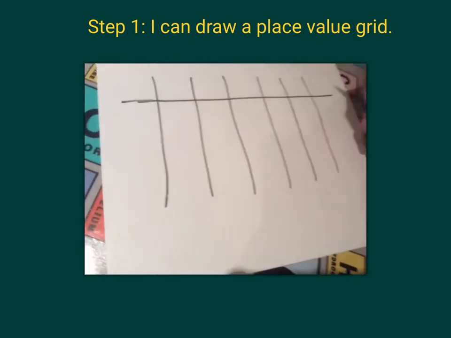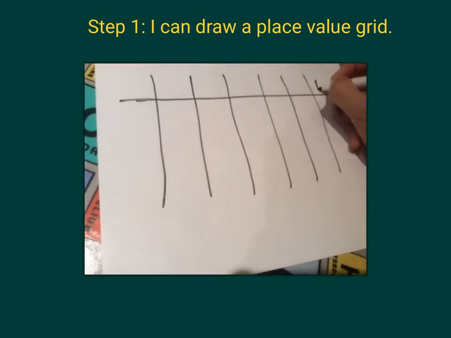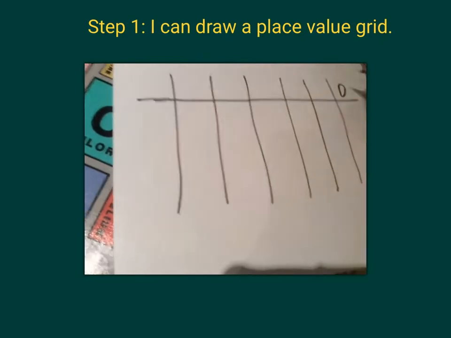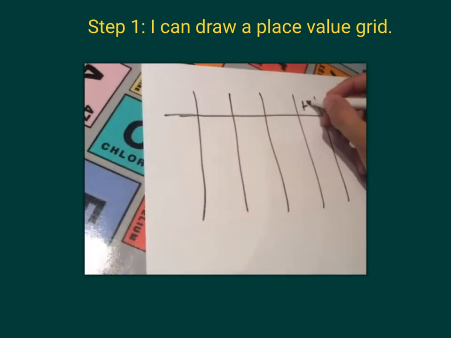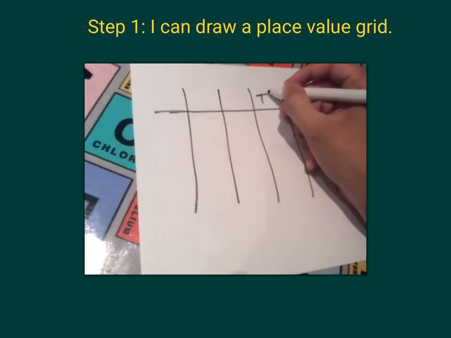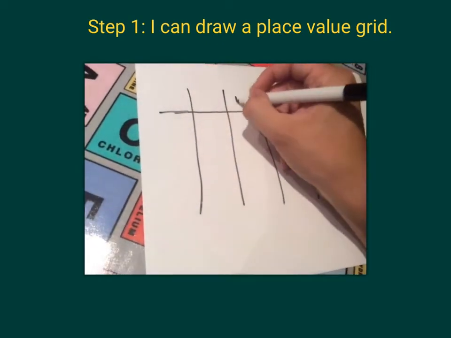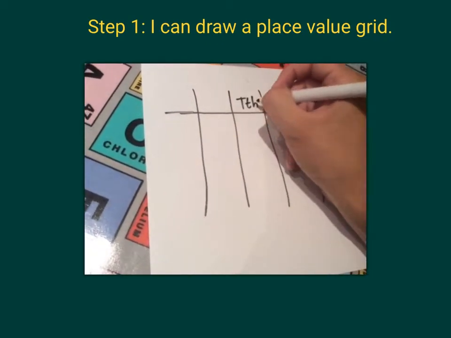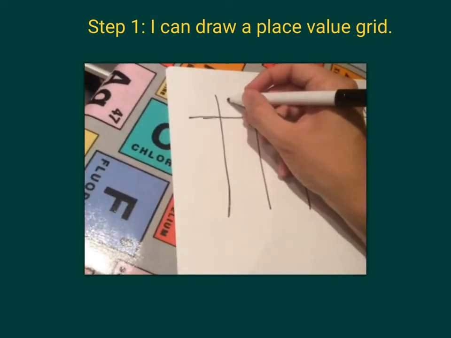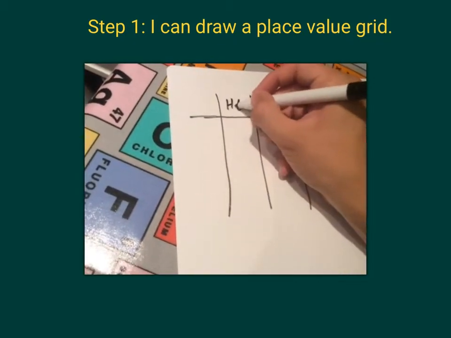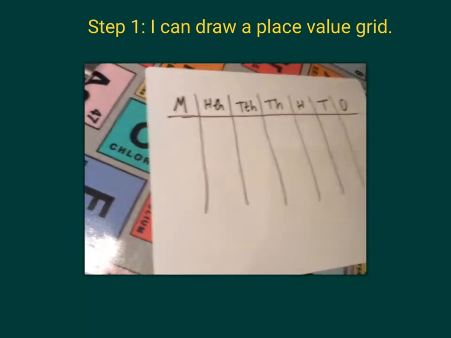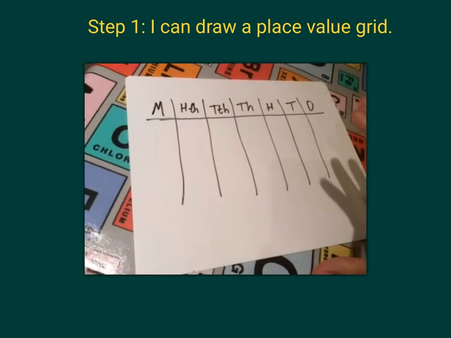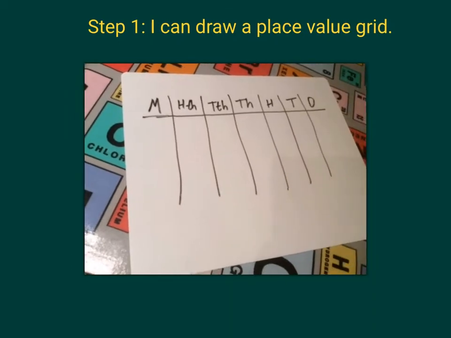In this first one, our smallest place value on our chart is going to be the ones. Then we know we've got the tens, the hundreds, thousands, the 10,000s, the 100,000s, and we've got millions. And that's what our place value grid should look like.